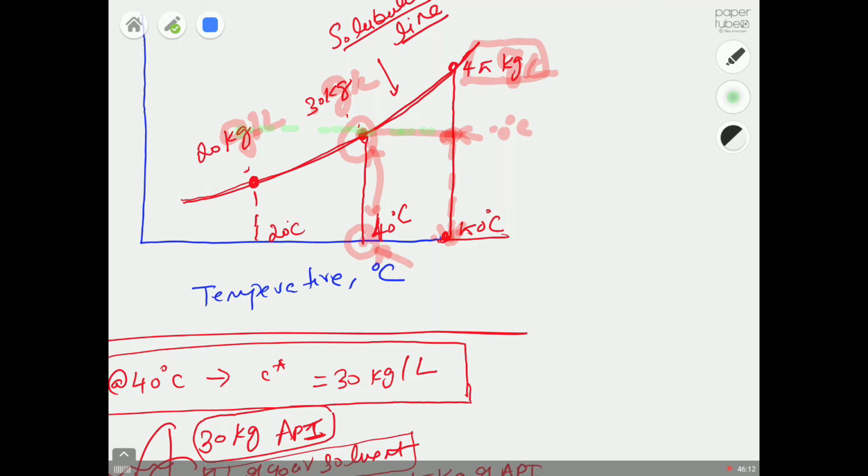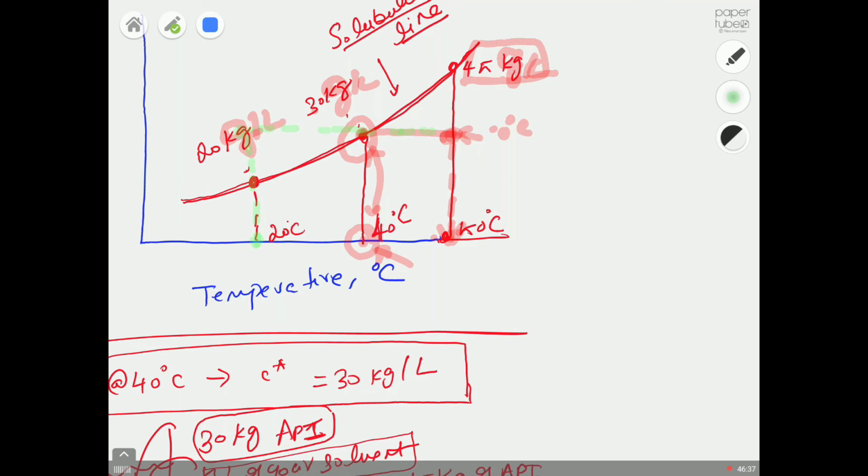Just follow the green line. So we cool it back to 20 degrees centigrade and just assume the solution remained in liquid phase, that is, no formation of crystals, nothing precipitated.